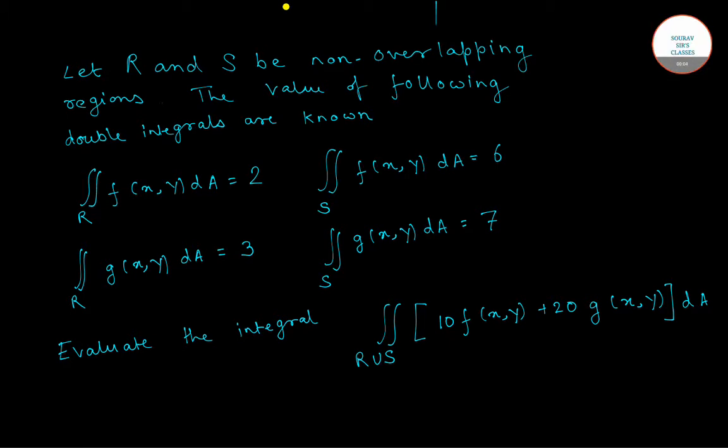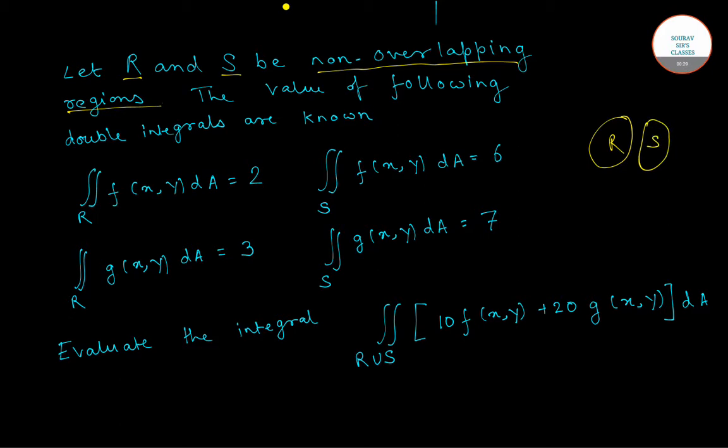This video is double integration part 4, and here we will solve the following question. Here R and S are non-overlapping regions, so if this is R and this is S, they are not overlapping each other.